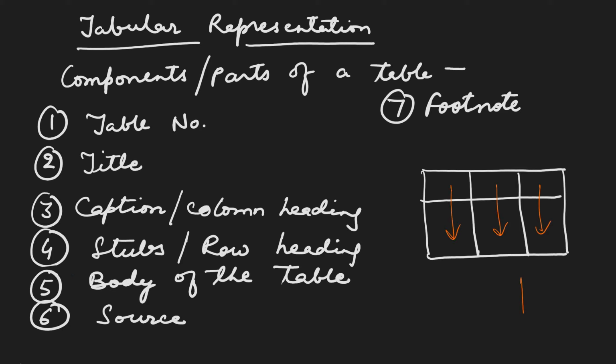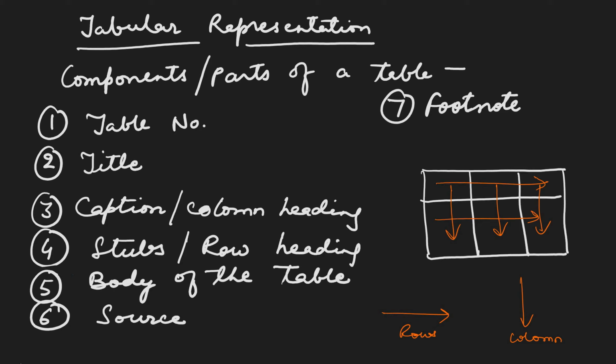Columns are seen vertically, and rows are seen horizontally. So this is for columns and this is for rows.